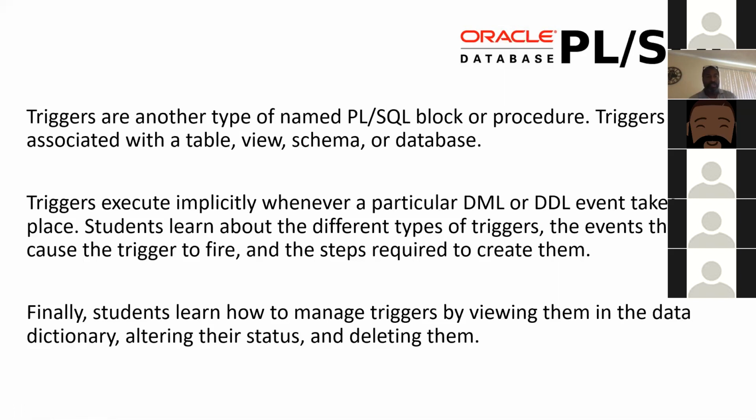So triggers execute implicitly, which means they fire based on other activities or other events, whenever a particular DML or DDL event takes place. You'll learn about all the different triggers and what causes a trigger to fire and the steps required to create and modify them. And then you'll learn how to manage triggers, essentially viewing them in the data dictionary or as objects, altering their status, deleting them, all of that fun stuff.